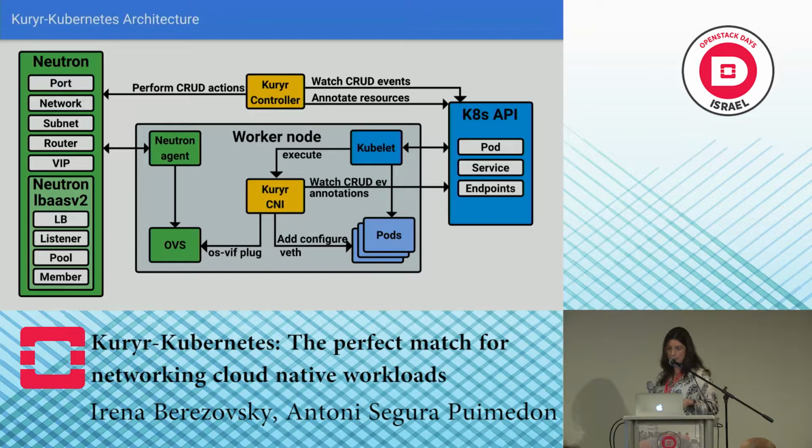We use the Neutron LBaaS v2 API, which is the most updated API, so no need to go for v1. And currently, the reference implementation is HAProxy. The next step is that we are going to support the Octavia integration. So coming back to the Kuryr controller, it's responsible for creating the relevant Neutron entities, and then it annotates the Kubernetes resources with all the required details to perform either later local binding of the pods by CNI or later cleanup of the resources when, for example, a service or pod is removed.